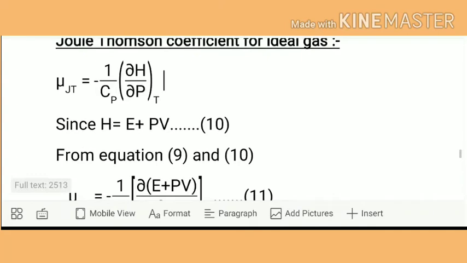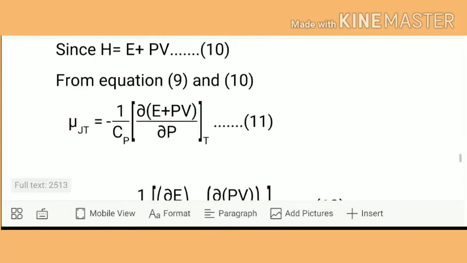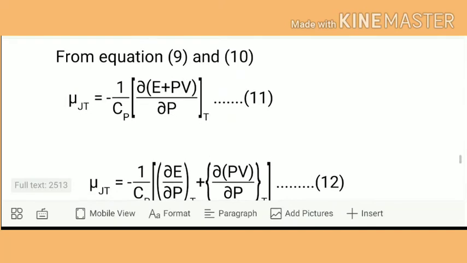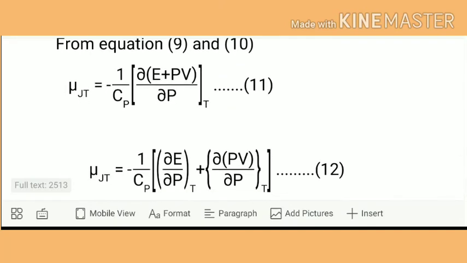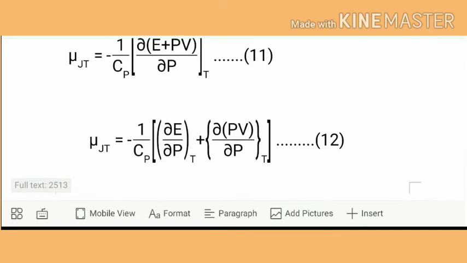By putting the value of H, we get equation number 11: mu JT is equal to minus 1 upon Cp del E plus PV upon del P at constant temperature. Next, we get equation number 12: minus 1 upon Cp, del E upon del P at constant temperature plus del PV upon del P at constant temperature.